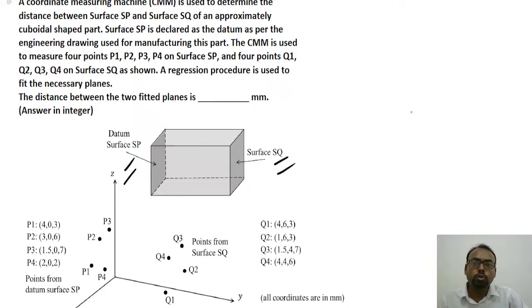The CMM is used to measure 4 points P1, P2, P3, P4 on surface SP. So basically, with the help of the CMM, we are measuring the coordinates of the 4 points on the surface SP. Similarly, on the surface SQ also 4 points' coordinates are being measured.